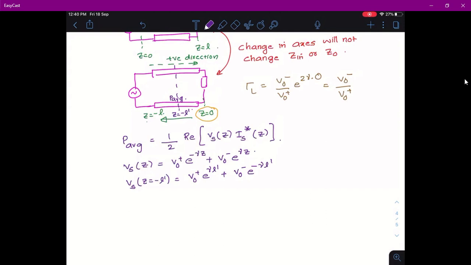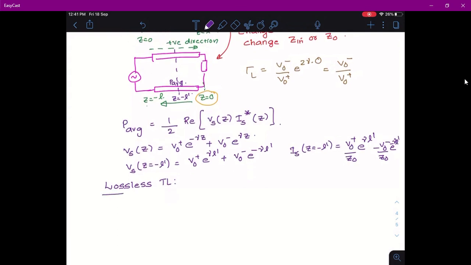To make it a bit simpler, let us consider a lossless transmission line. Similarly, I can have my Is at Z equal to minus L dash as V0 plus by Z0 e raised to gamma L dash minus V0 minus by Z0 e raised to minus gamma L dash.